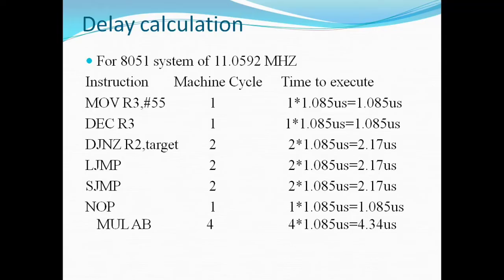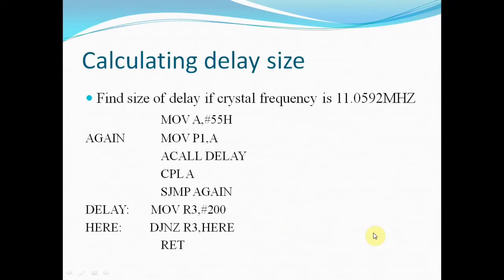DJNZ requires two machine cycles. LJMP and SJMP also need two machine cycles. NOP takes one machine cycle. So these are the examples that I have shown you for calculating the time for execution of these particular instructions.